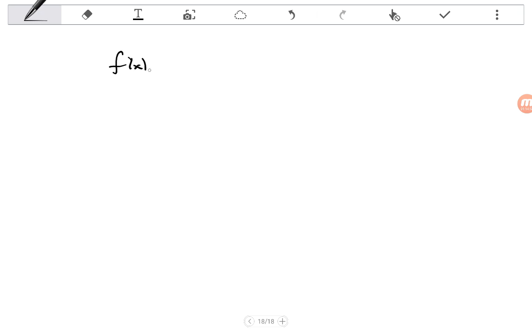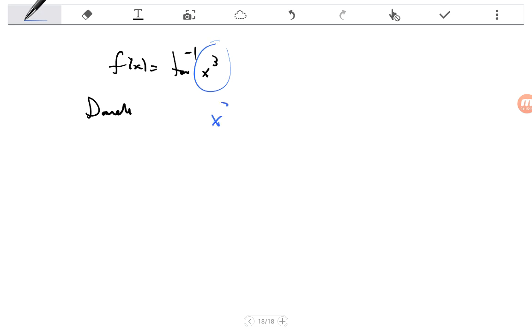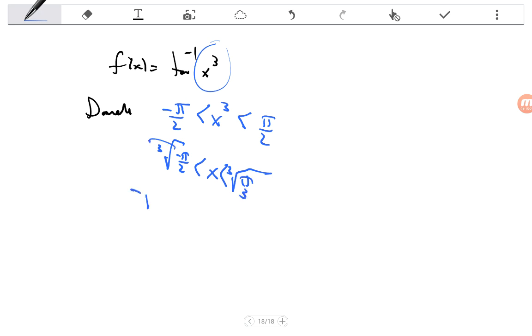So if I say f of x is equal to tan inverse x cubed, what is the domain in this case? We have said what is inside. The tan inverse must be from negative pi over 2 to pi over 2, but it is open, just like the sine. So I will take the cubic root of both sides, so x is from the negative cubic root of pi over 2 to the cubic root of pi over 2.